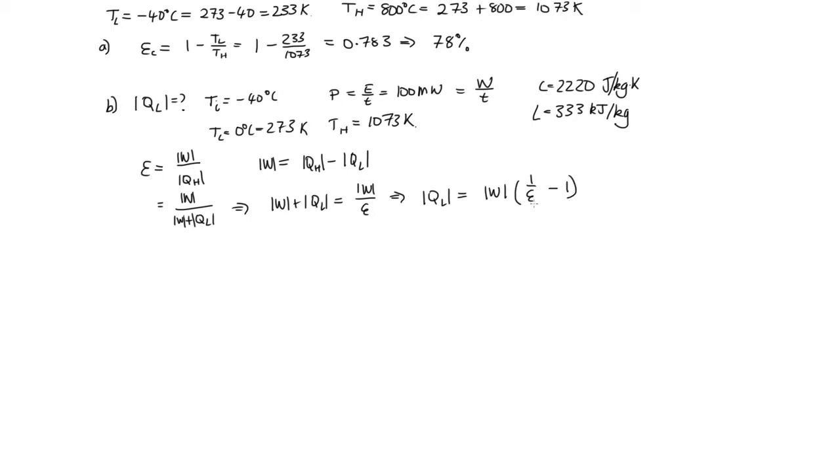Now we also know that our efficiency is given by this, so we can write it as TH minus TL on TH.